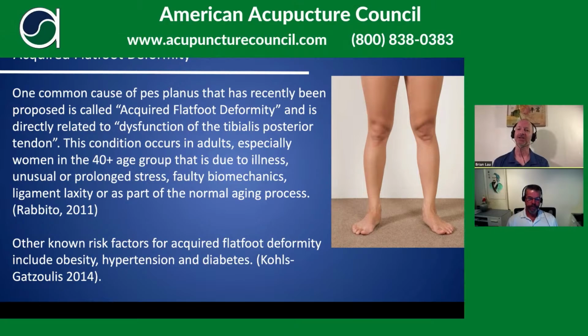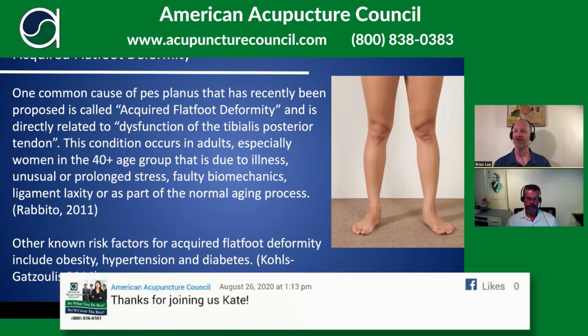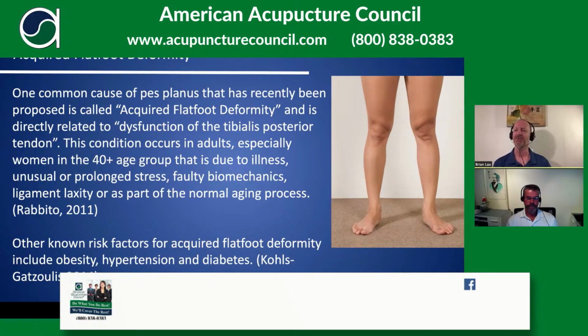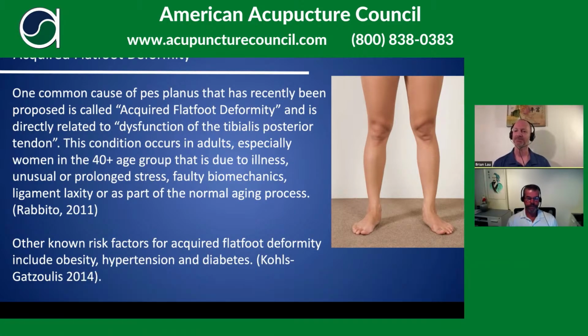This is a very Western discussion, but we're going to bring it back into the Chinese medicine discussion in a second. This usually is involved with a number of types of illnesses such as hypertension, diabetes, obesity. So there's a correlation with those illnesses and acquired flat foot, where people start having a loss of integrity in the tib posterior muscle and a collapse of the foot.